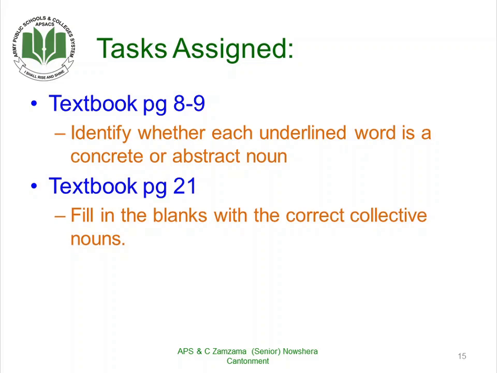Then come towards textbook page number 21, that is fill in the blanks with the correct collective nouns. You have to use the appropriate collective nouns to complete the sentences in the blanks.